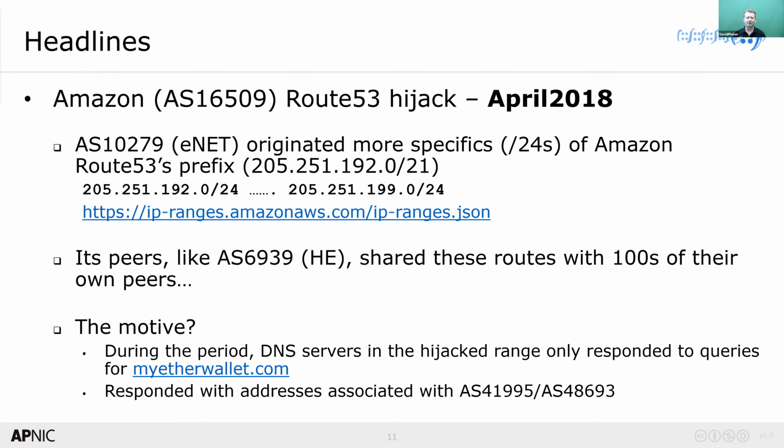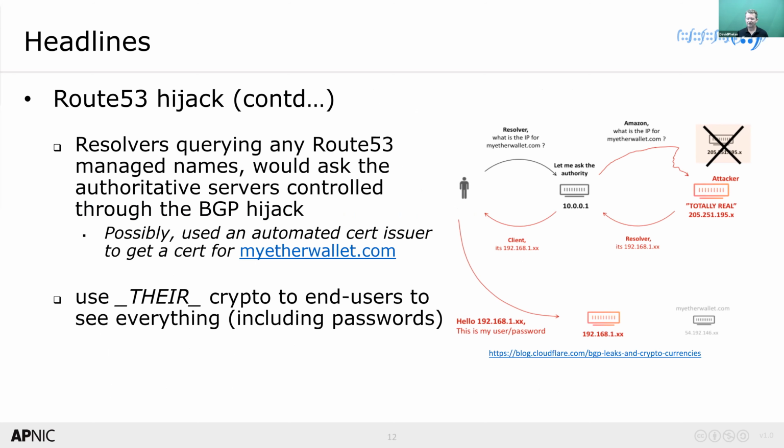So what was happening here was anybody that was trying to reach Route 53, the attackers' DNS would respond, and they were only looking for the MyEtherWallet DNS requests. They were then redirecting that to a server which they owned. And what happens then is those users would go and put in their credentials, and all of a sudden the attackers have a load of MyEtherWallet credentials. So that one was a very targeted attack, looking at a very specific set of data that they wanted.